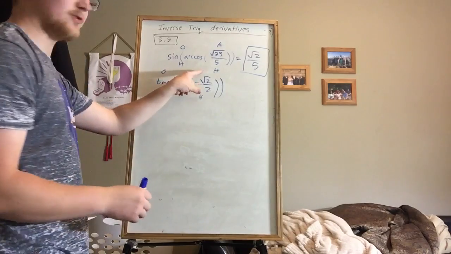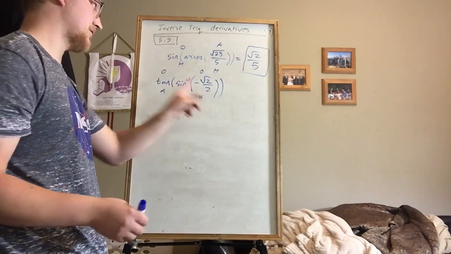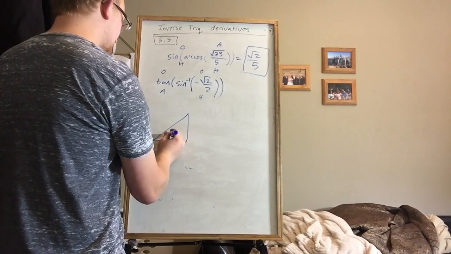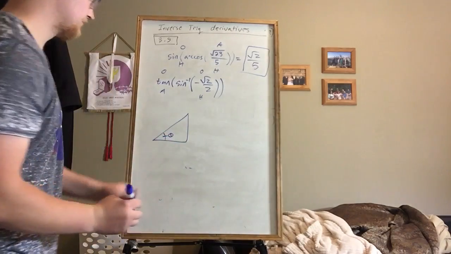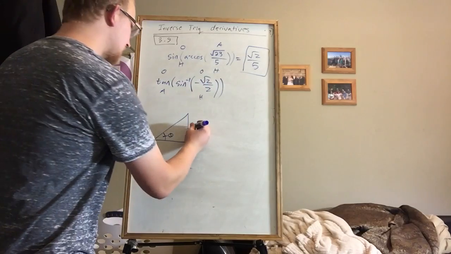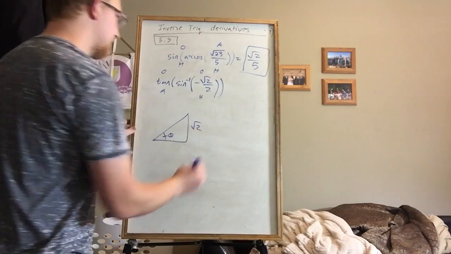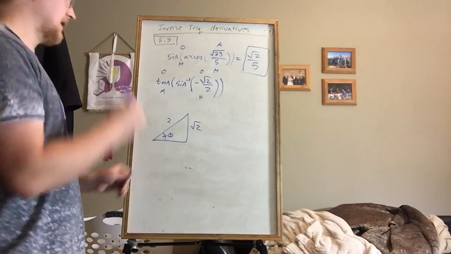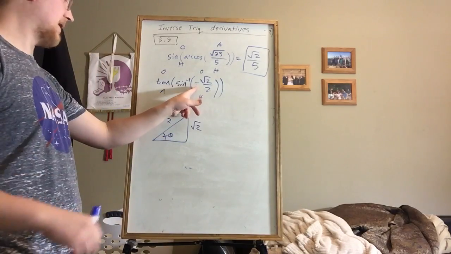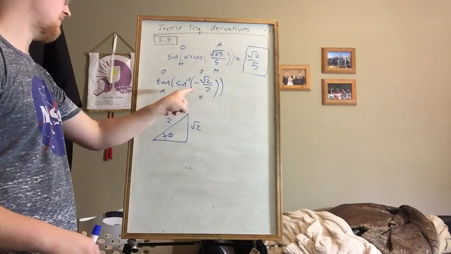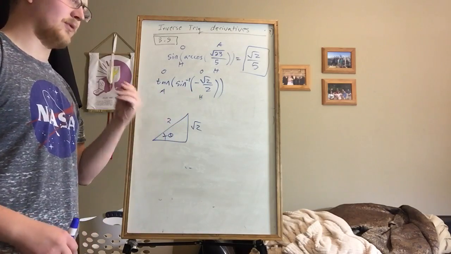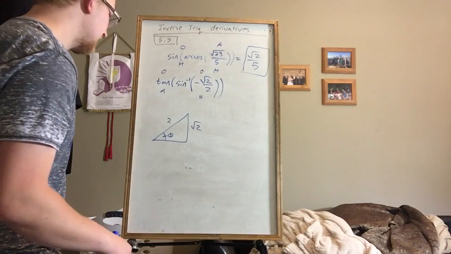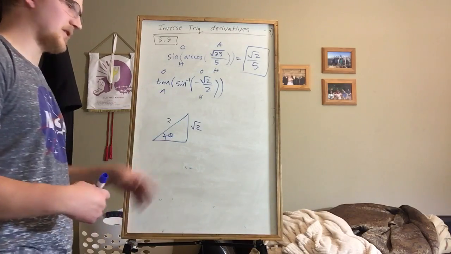So I start out by drawing my triangle with the information within the arc sine. Here's my reference angle theta. I've got opposite, root 2, over hypotenuse, which is 2. And mind you, there is a minus sign here. That minus sign will depend on what part of the unit circle you're in. For now, I'm just going to ignore it.